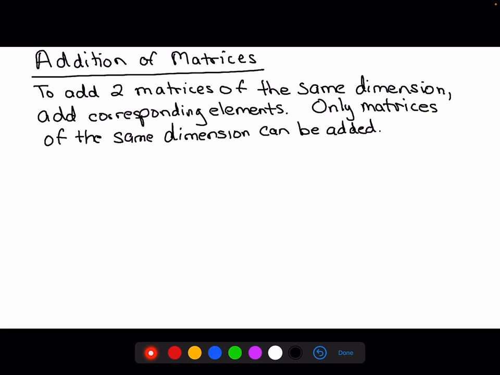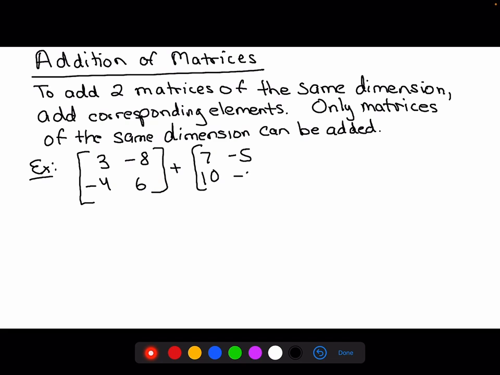So let's say you have 3, -8, -4, 6, and you're adding with 7, -5, 10, -6. You want to see what that equals. So you take elements that are in the same positions and you add them and then put them back into that position.